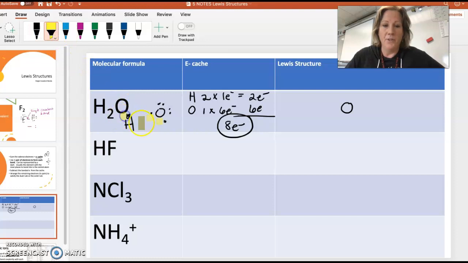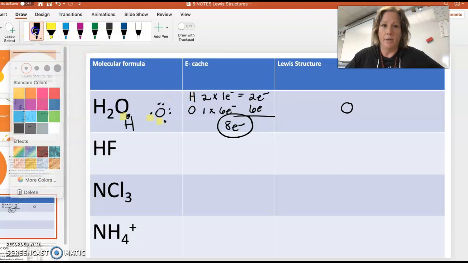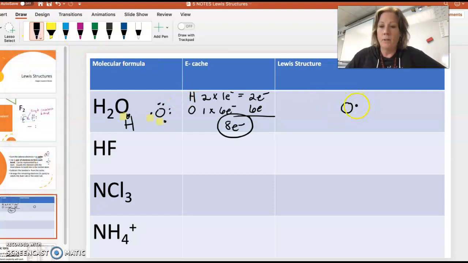You're going to get used to this. Hydrogen will only bond 1 time and then it's done. It can't bond anymore. So I'm going to put the oxygen in the middle and the hydrogens on the side. Remember, this line is really 2 electrons, and it's called a single covalent bond, or a single bond.